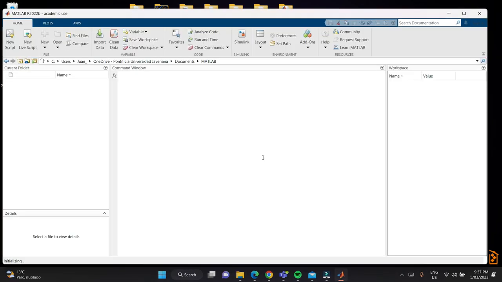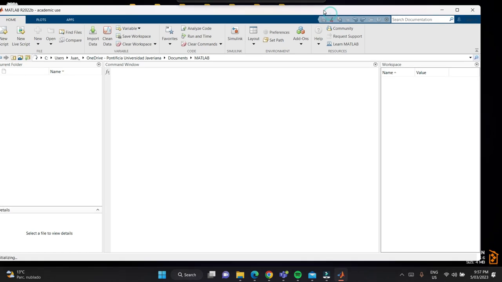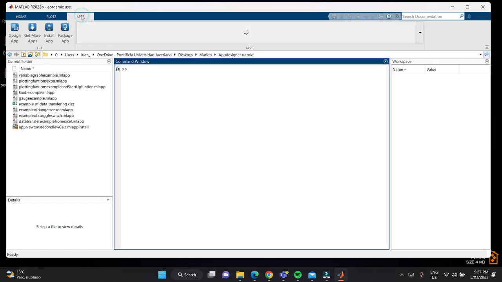All right. So the first thing that we have to do is go to the section of apps, click on it, and once we download the archive, we have to locate the archive in a special folder or section.